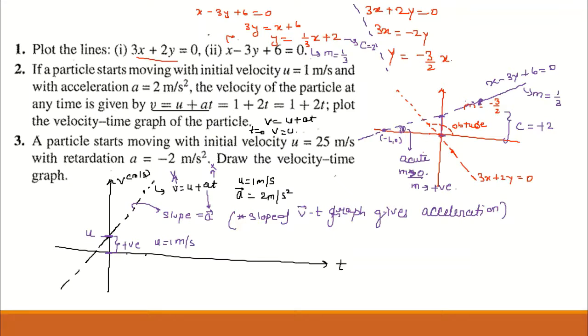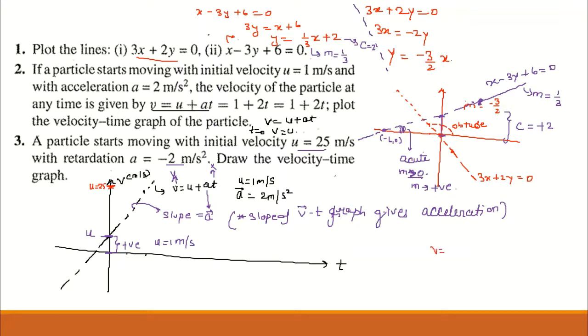Similarly, we can do the third question. A particle moves with initial velocity 25 meter per second, retardation minus 2 meter per second square. So drawing this graph on the same axis, if initial is 25, let's suppose this is my initial point, the u is something initial 25, and definitely it is decreasing, and linearly it is decreasing minus 2 meter per second square.